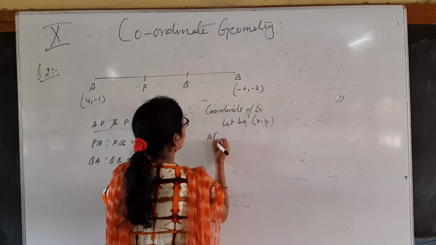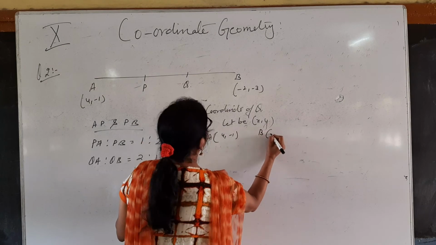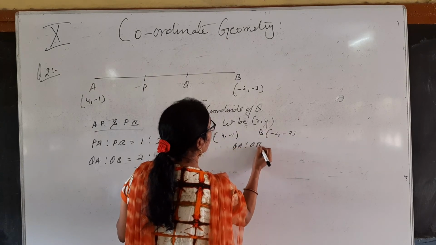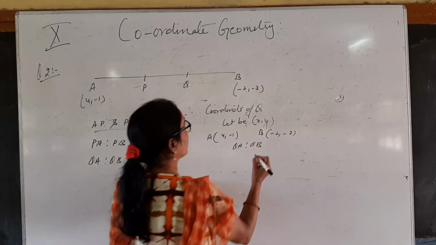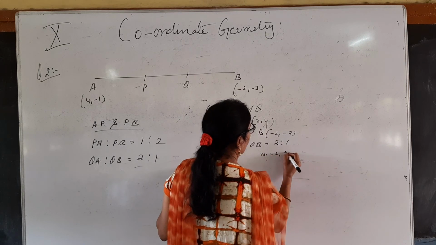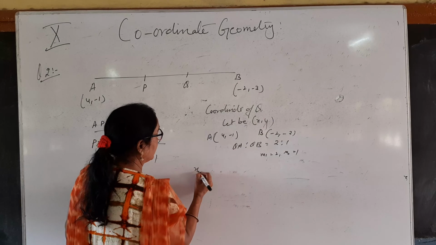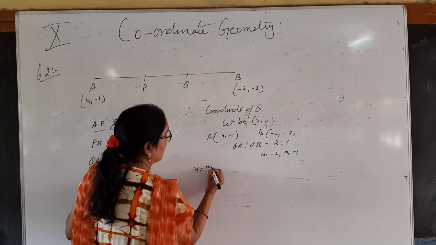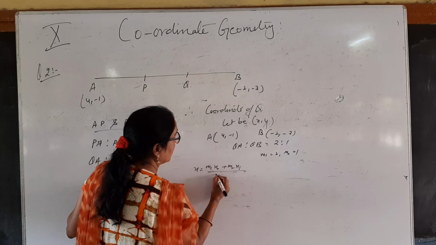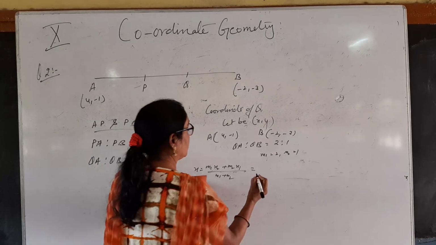A is given (4, −1) and B is given (−2, −3), and QA is to QB equals 2 is to 1. So m1 is 2, m2 is 1. Now in dividing internally, x is equal to the same formula, that is (m1·x2 + m2·x1)/(m1 + m2).